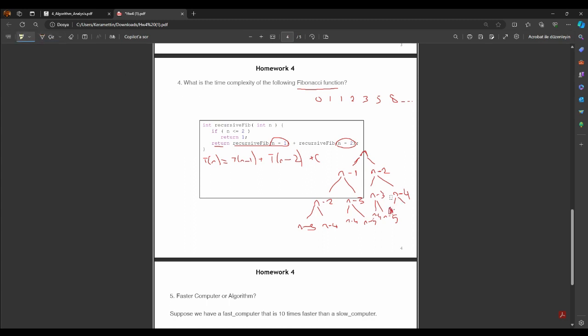Let's calculate, n minus 5 and n minus 6.